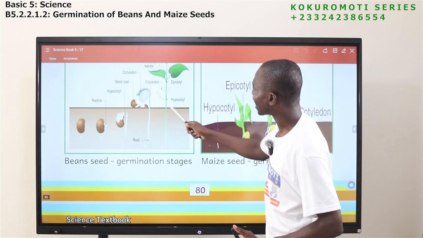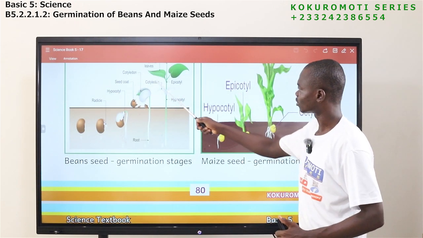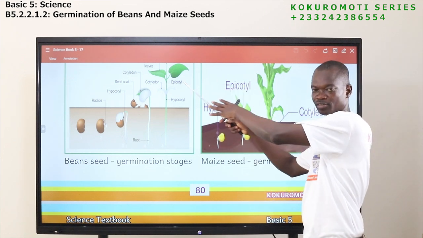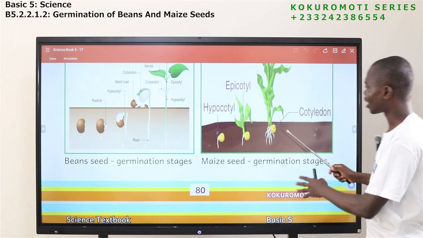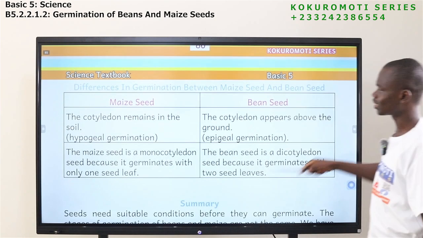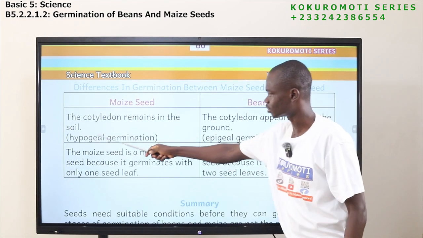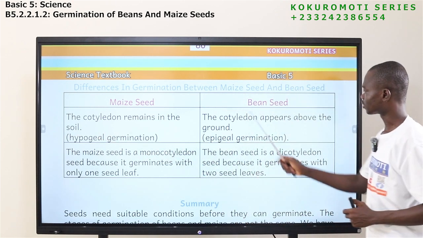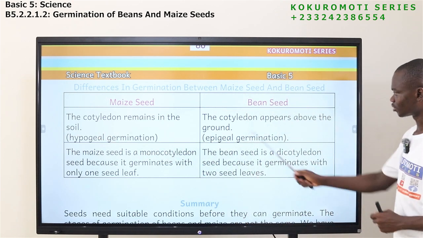It has now moved out. That white thing is the cotyledon. This one, we now see above the ground. But this one is always found in the ground. So here we are saying that the cotyledon remains in the soil for maize. But when it comes to beans, the cotyledons appear above the ground.